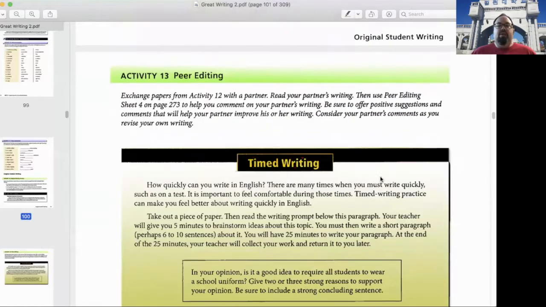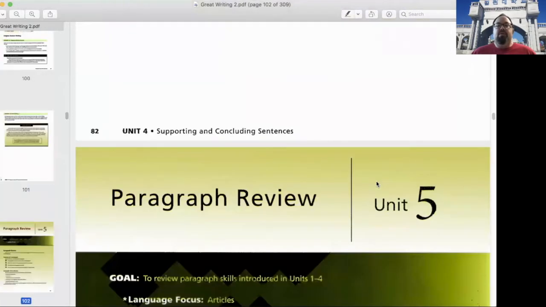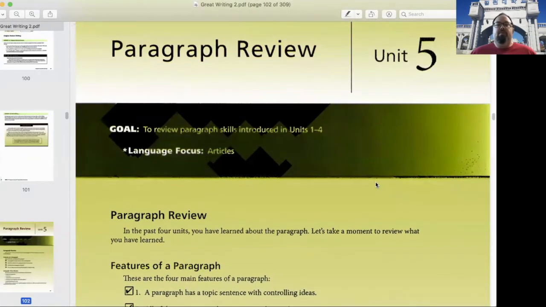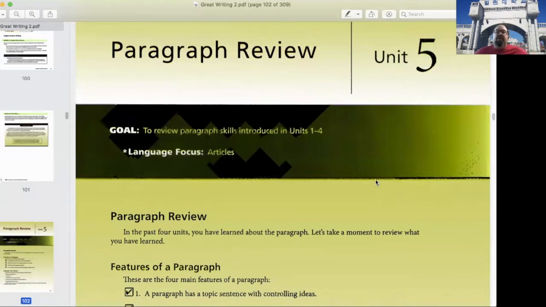Okay, we are now moving into Unit 5, which is a review unit. We've studied quite a bit now about paragraphs, what makes a good paragraph, how to write good paragraphs, and we've practiced writing quite a few paragraphs so far.